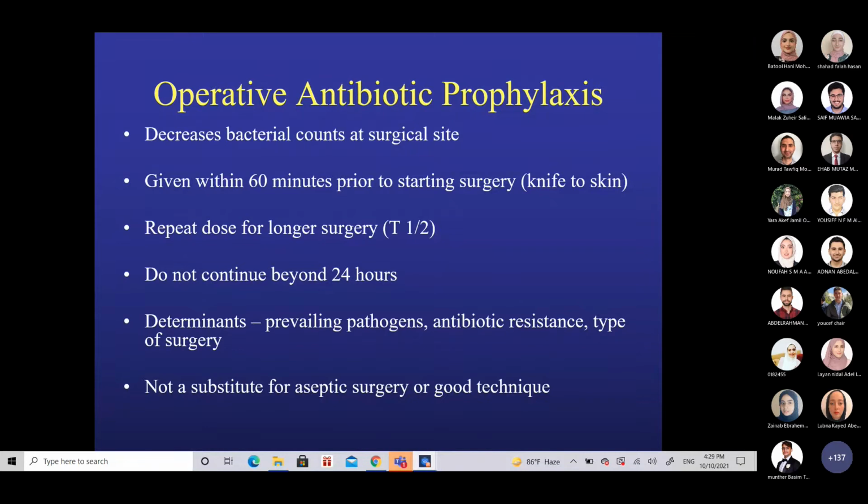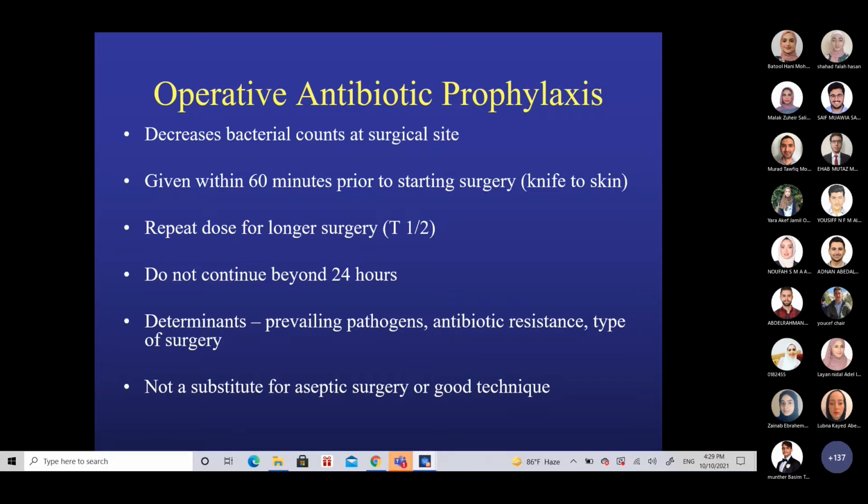Now, what kind of antibiotics do you give? This is something important you should take into consideration. It depends on the type of surgery. Are you operating on the colon? On the stomach? On the heart? On the lower limbs? This changes the specific possible pathogens that may cause surgical site infection.